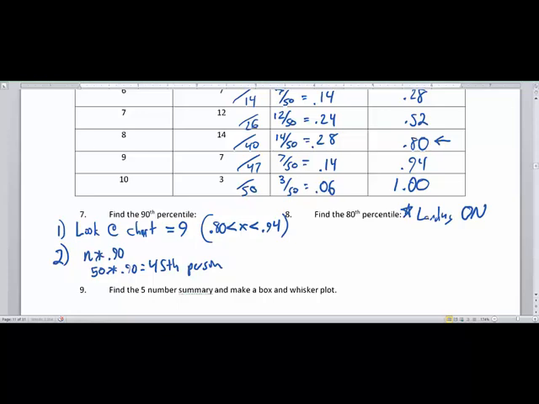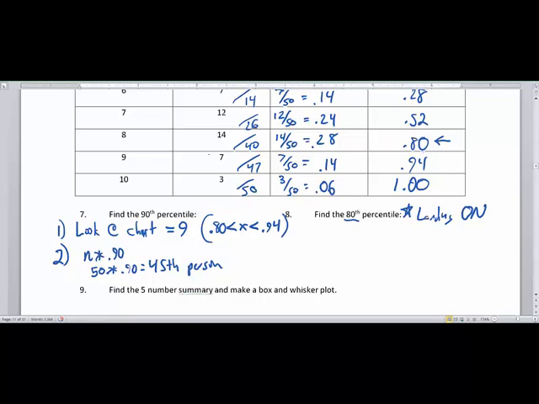But a little tweak that we have to do if we're looking for a specific percentile that happens to be on our chart is we have to take the average of the next one up from there, because the 8s actually stop at 80 percentile, so we actually can't use the 8.